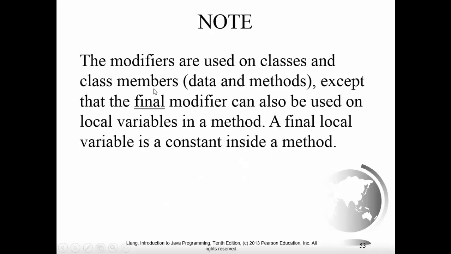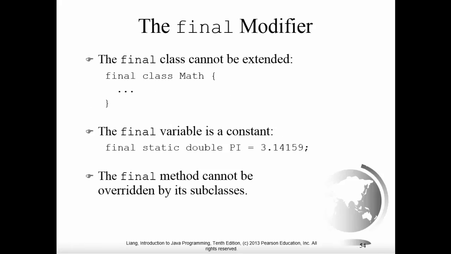The modifiers are used on classes and class members, except that the final modifier can also be used on local variables in a method. A final local variable is a constant inside of a method. So if we don't want to allow any further change on a variable within a method, we can make it final. Here is an example.